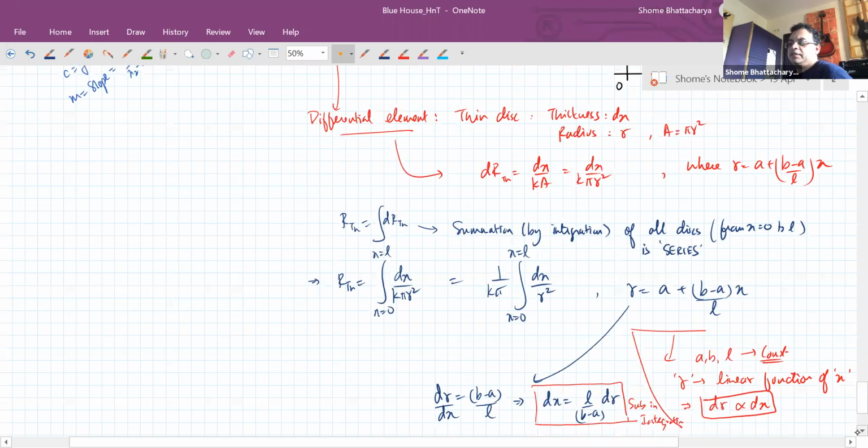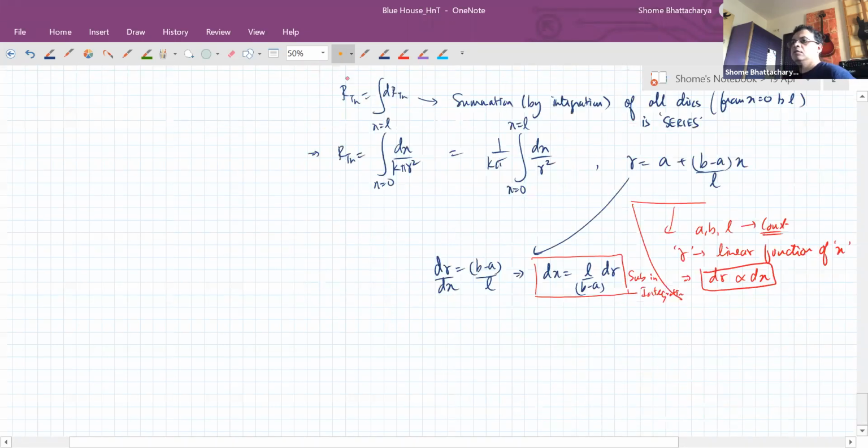Okay, so let us complete the integration. Now substitute this in the integration above. So we get the thermal resistance is 1 upon k pi, now substitute dx in the numerator as L upon b minus a into dr, divided by r square. Now notice we'll have to substitute the limits also, because we are now integrating in terms of r.